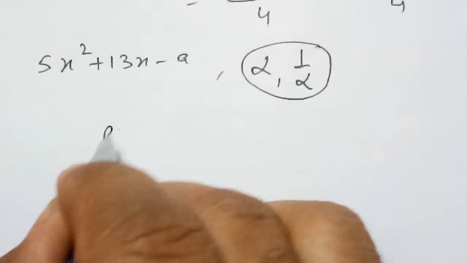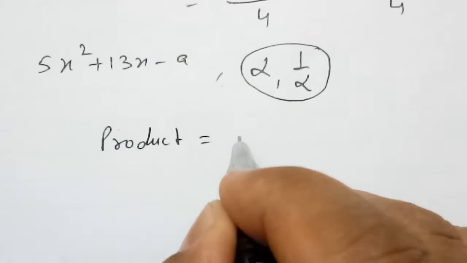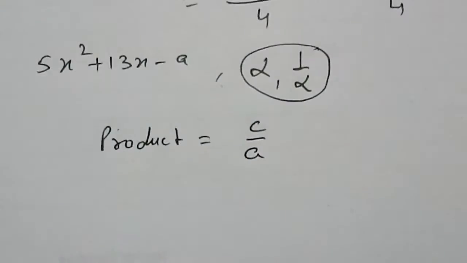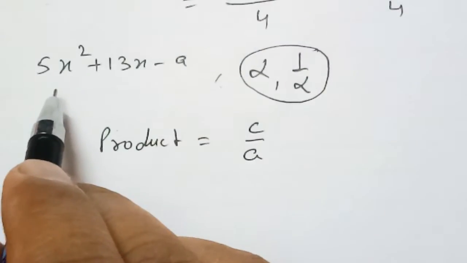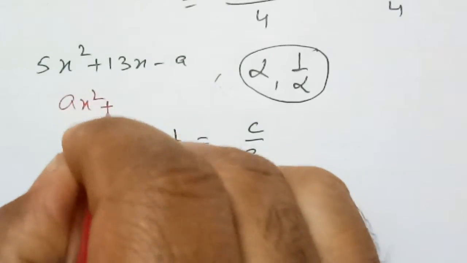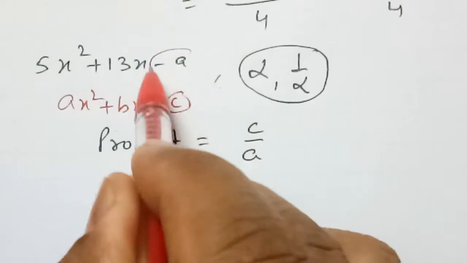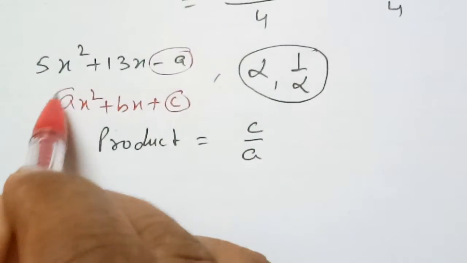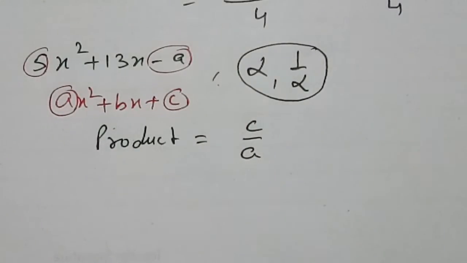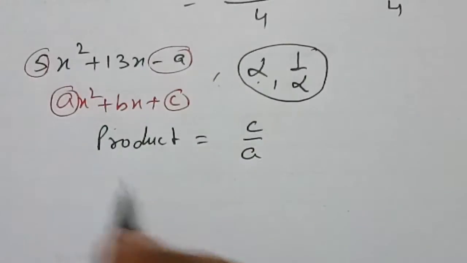So product of zeros equals to c upon a, and if we compare this with the standard form, which equals to ax square plus bx plus c, here the constant term is minus a and first term a is 5. So here we will write product of zeros, here alpha is 1 zero and second zero is 1 upon alpha.